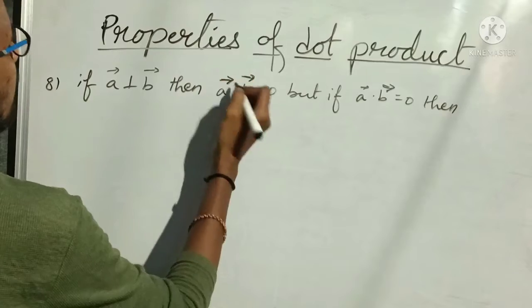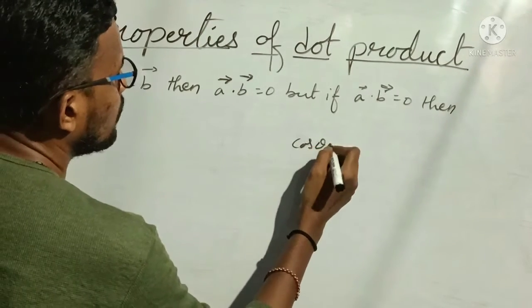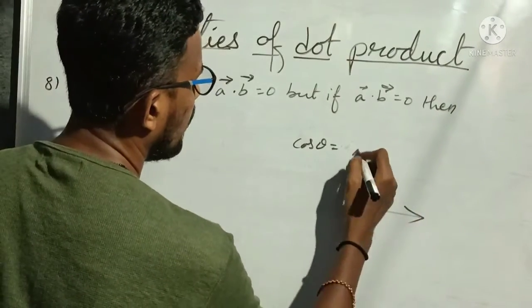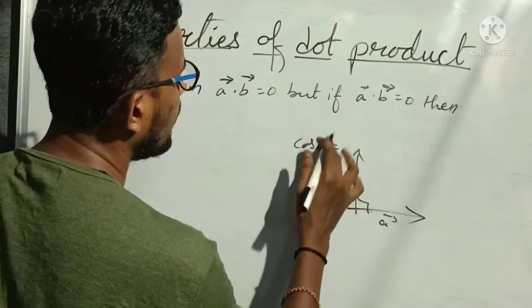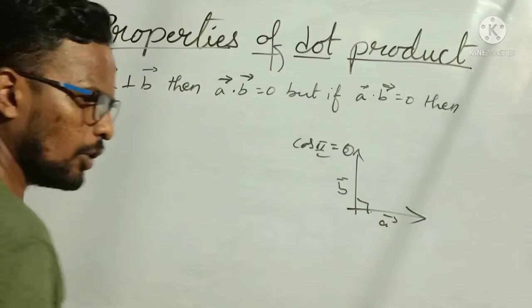Because A bar perpendicular to B bar means theta value is always pi by 2, 90 degrees, right? Here it is forming 90 degrees and cos 90 value is 0. That's why 0 into anything will get 0. Right?